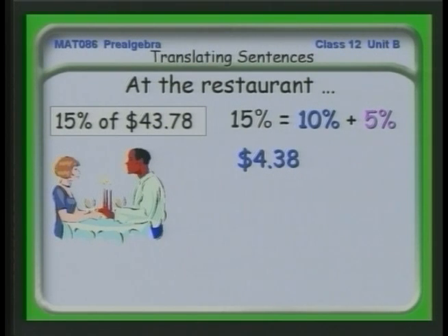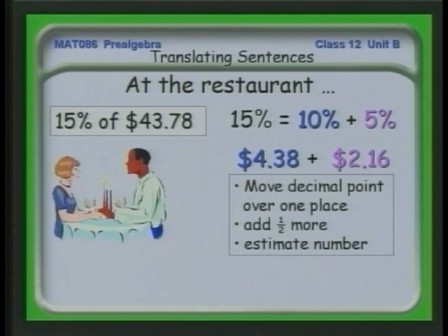5% is half of 10%. I can do that in my head. Half of $4.38 is $2.16. 15%, I would just add those, $4.38 and $2.16. Here's the rule. You move the decimal point over one place to get 10%, take half of that, and then you can estimate. 438, 216, a little bit hard to do.